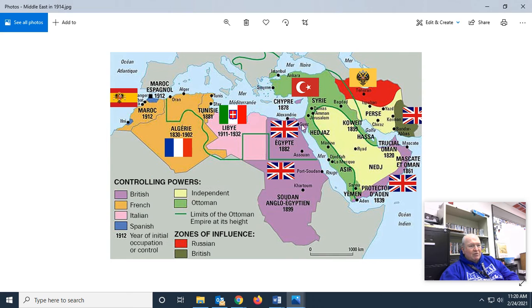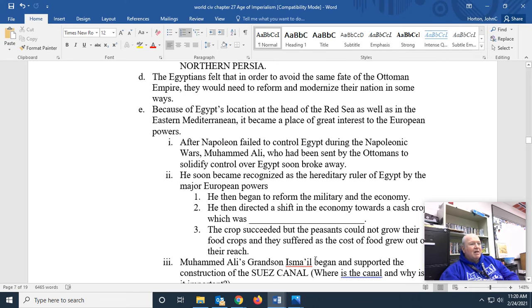A canal right across here whereby any European country to get to Asia cuts their trip in half. And this is a very strategic area.